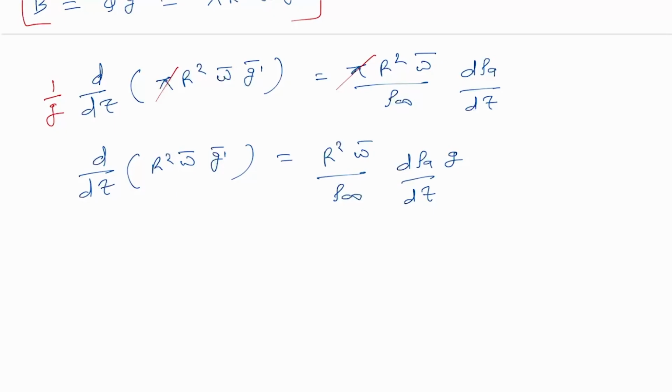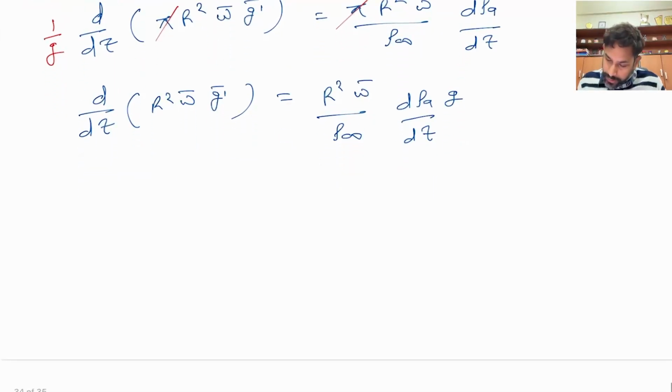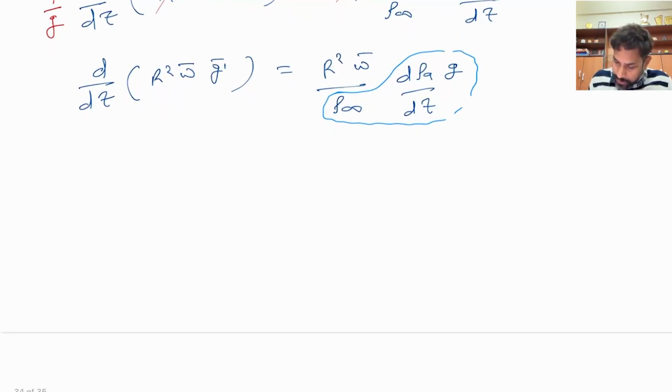Okay, so all right, so what do you see here in this equation? This particular term has one specific name, and that is called the stratification frequency.